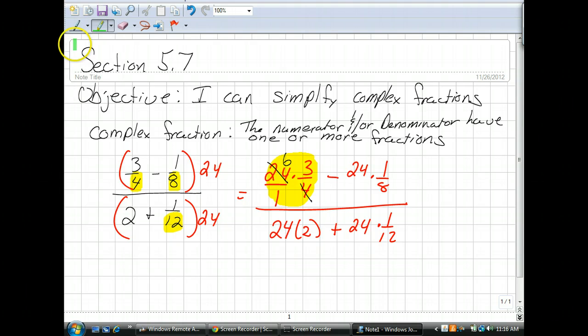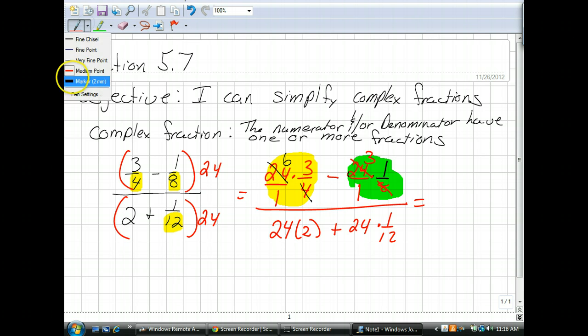If I go to the next one, I see that 8 and 24 reduce, because we make the 24 over 1. 8 goes into 8 once, goes into 24 3 times. So I have 3 times 1. Notice what's happening here is that the denominator of each fraction is gone. So in the numerator I have 6 times 3 minus 3 times 1.